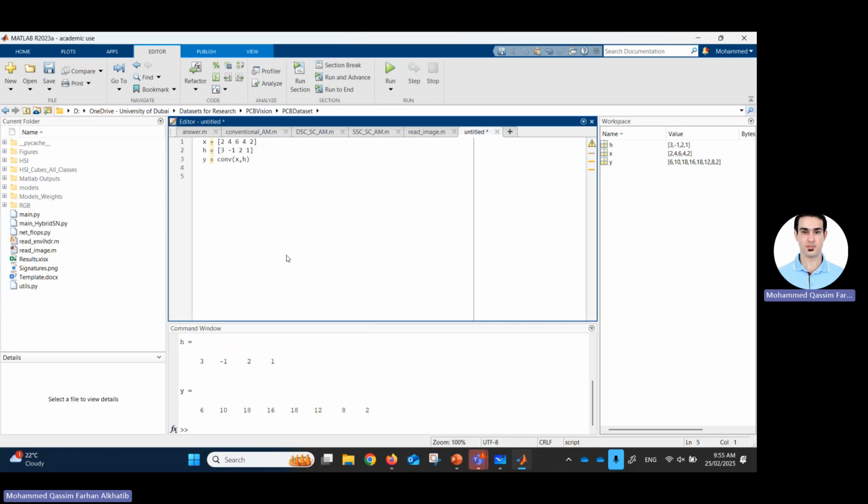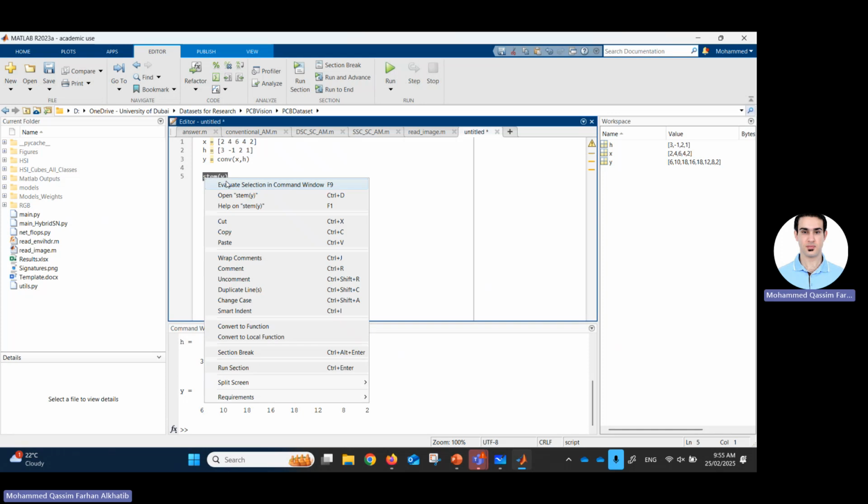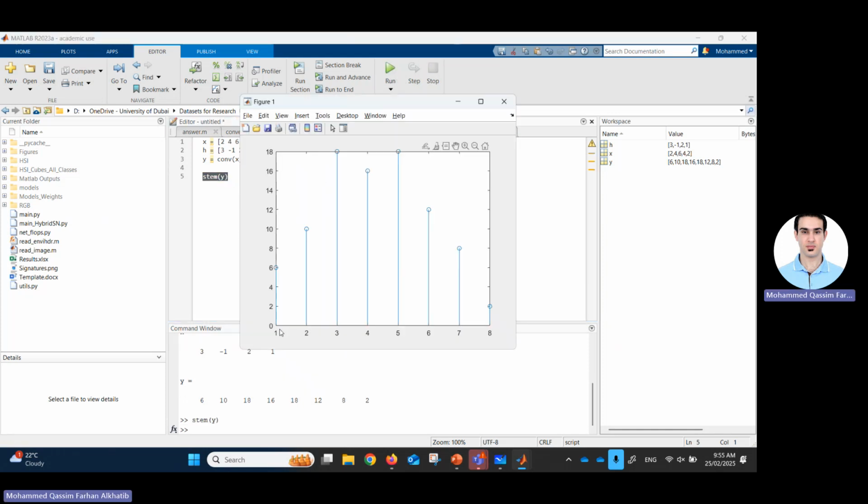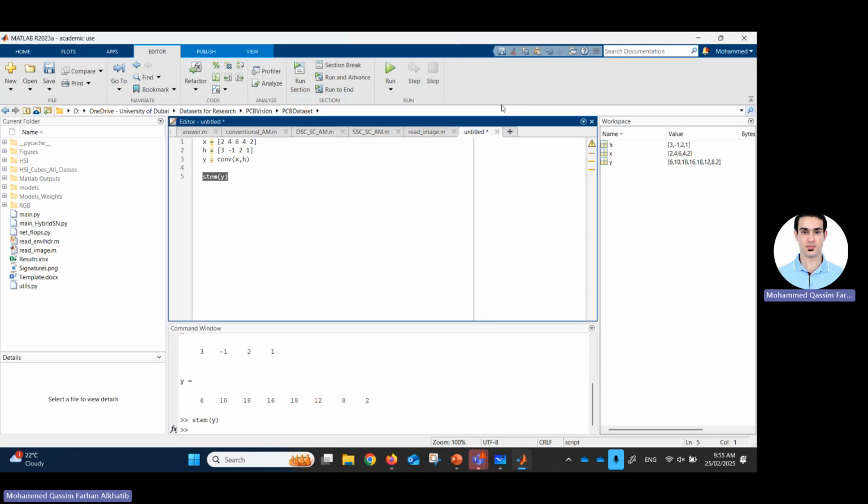To plot discrete functions in MATLAB, we use the command stem. If my indices are from 0 onwards, I don't have to put the values of n, so I just say stem y, and it will automatically plot the function with respect to n starting from 0. Here the sample starts at 1, so to fix that, I will make the values of n start at 0. How long is the output?